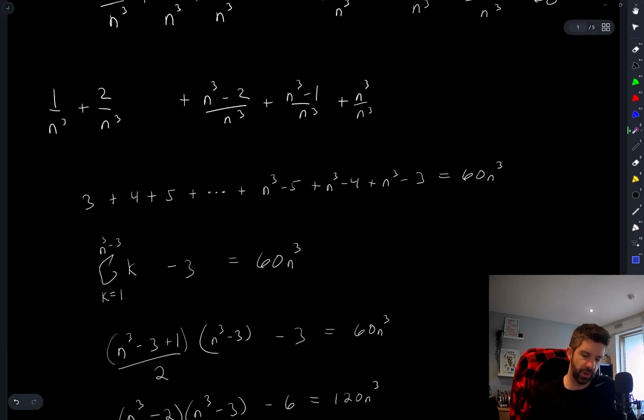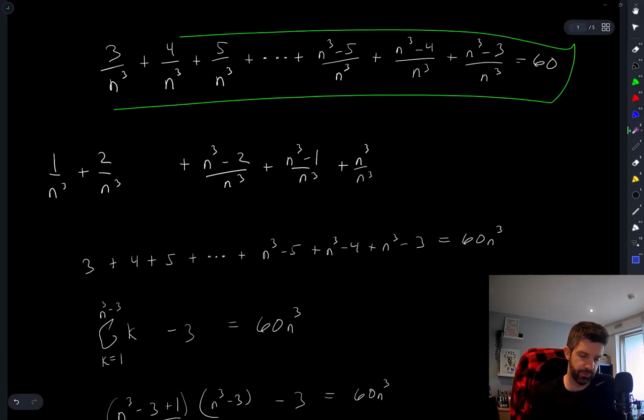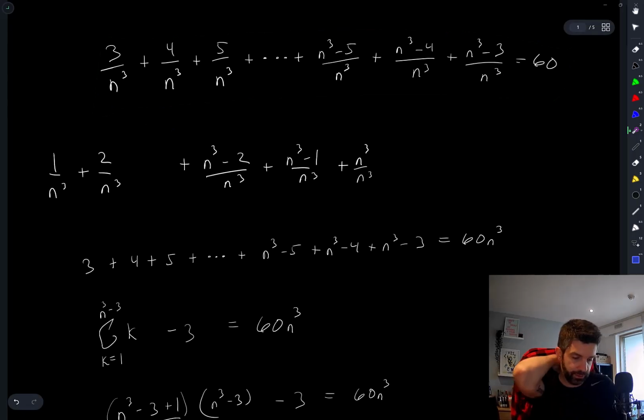The way that I convinced myself that it's legal to just multiply through by a common denominator here is if we fix a single value of n, that's what we're looking for. We're looking for this to be satisfied for a single fixed value of n. So if you fix that value of n, multiply through by n cubed. There you go. Everything is just a number at this point.